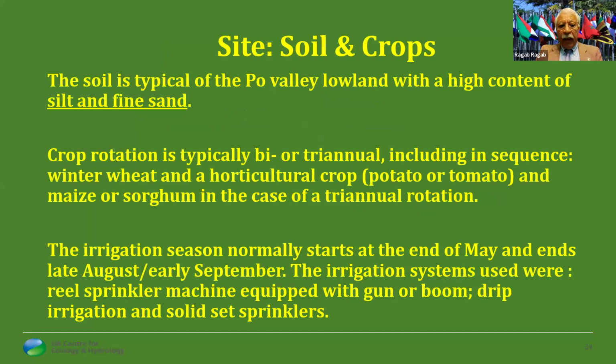So the site, in terms of soil, is highly silty soil with fine sand. Crop rotation is typical, triennial, including a sequence of cereals and horticulture crops. And the irrigation is sprinkler and drip.